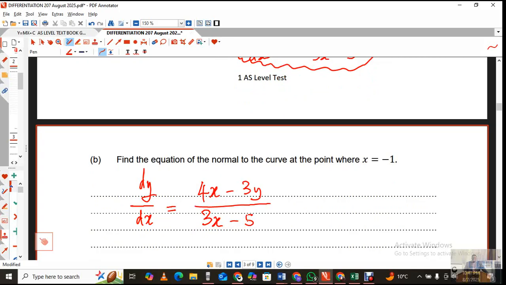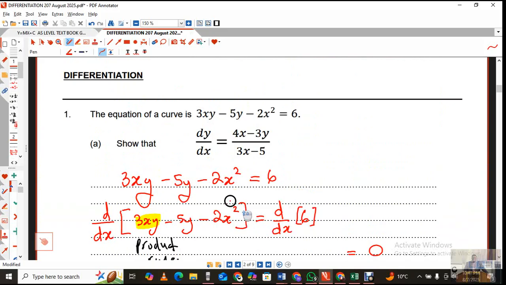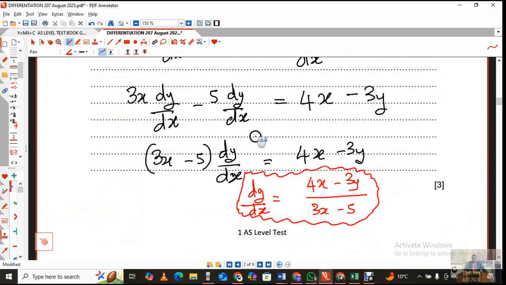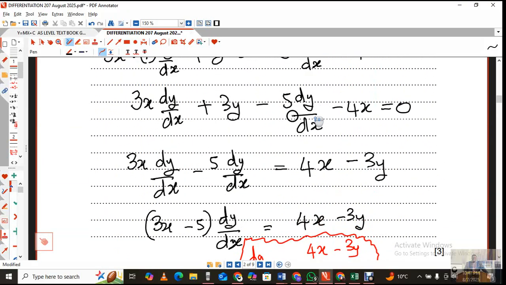Another thing also that I am going to write down is my original function as I was given, 3xy minus 5y minus 2x squared is equal to 6. I'm just going to write that function down as well, because I will need that function as well. That was the original function that I had.